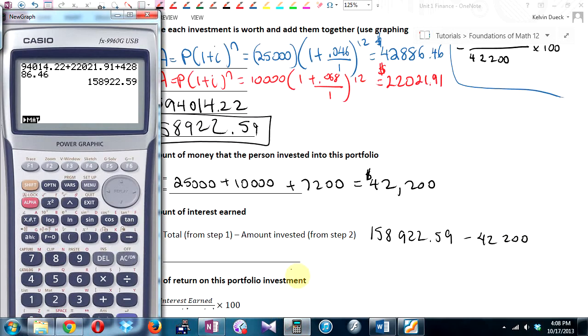That number there, take away 42200. I got interest earned of 116,722.59.